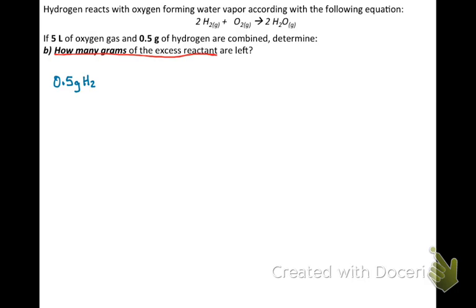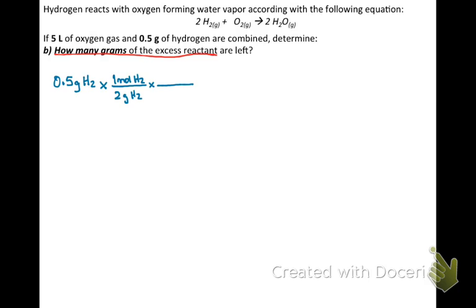We have 0.5 grams of hydrogen. Then we transform this into moles. 2 grams of H2 is 1 mole of H2. Then I use the mole ratio.